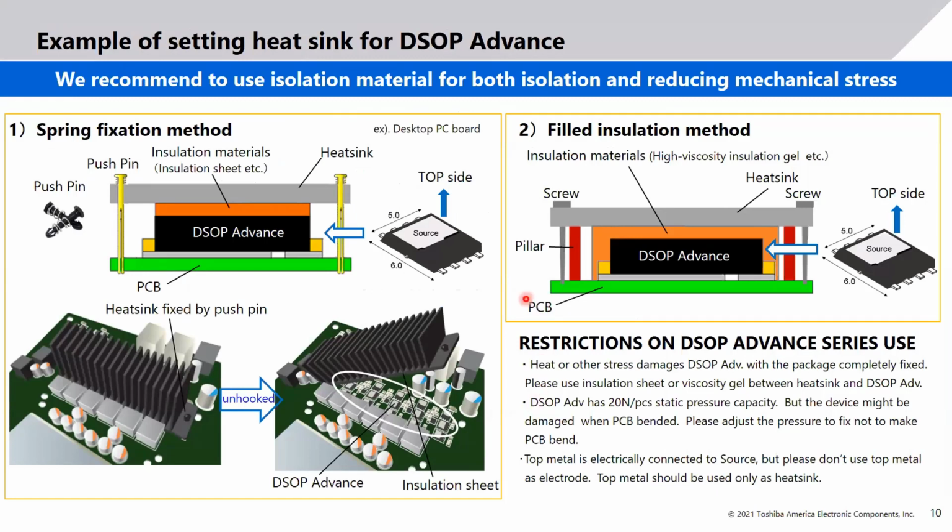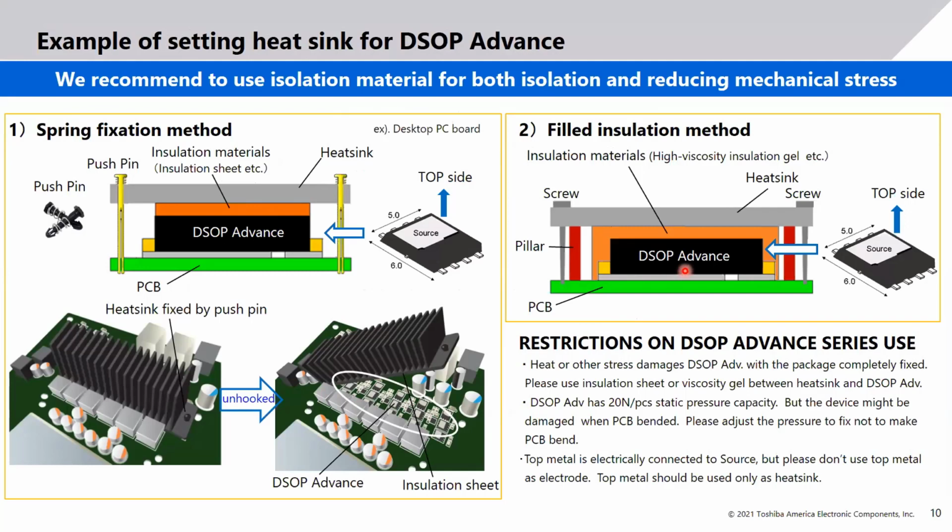An example of using dual side cooling devices is a printed circuit board with multiple devices on it. It can be, for example, a computer board, a multi-axis motor control, or an automotive controller board. So multiple dual side cooling devices on the board are covered with one heatsink.